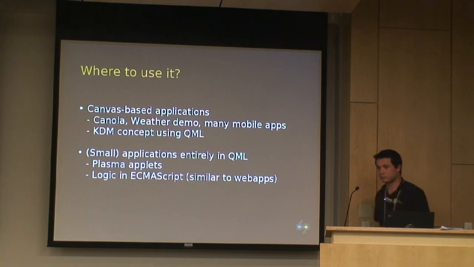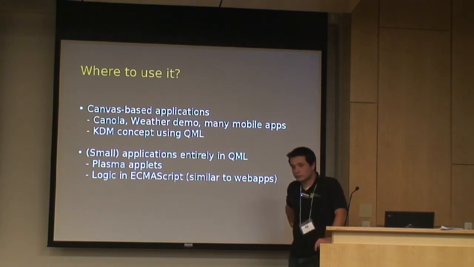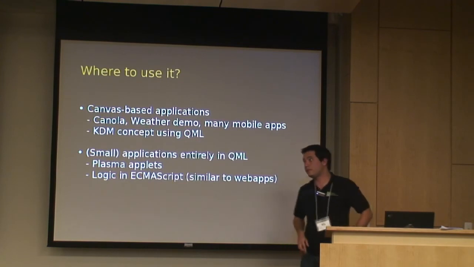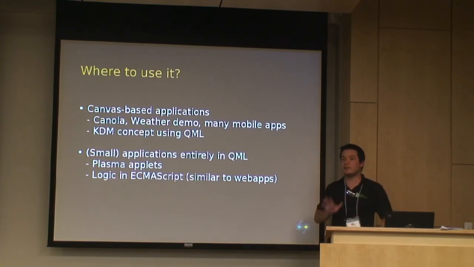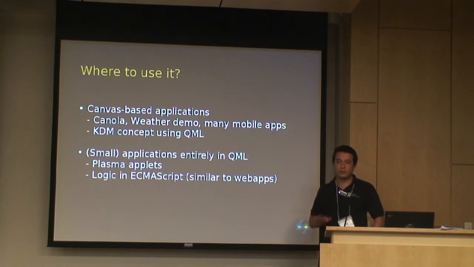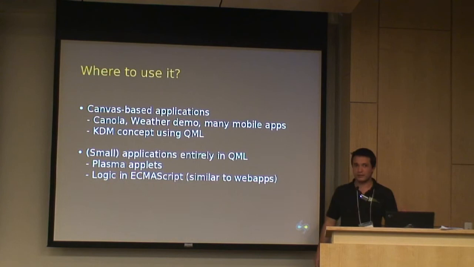So QML is almost kind of a replacement for UI files. But the difference is that it's not trying to do exactly the same stuff that the UI file did, so there's no backwards compatibility.